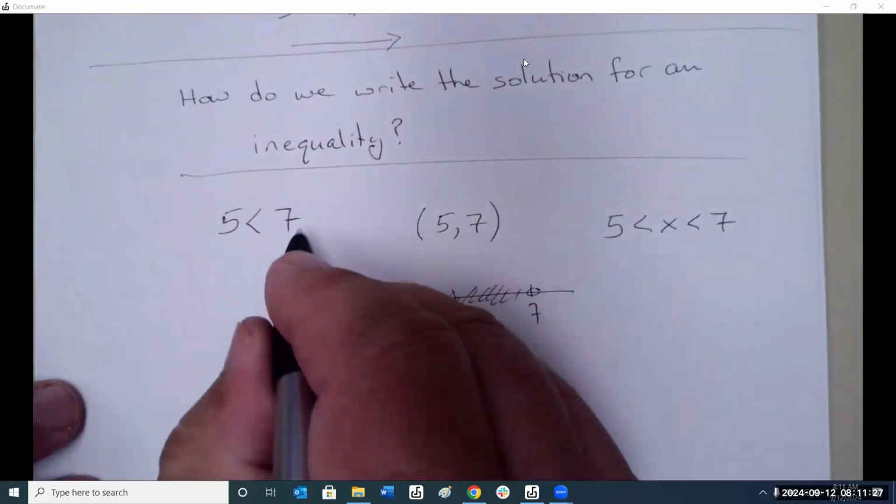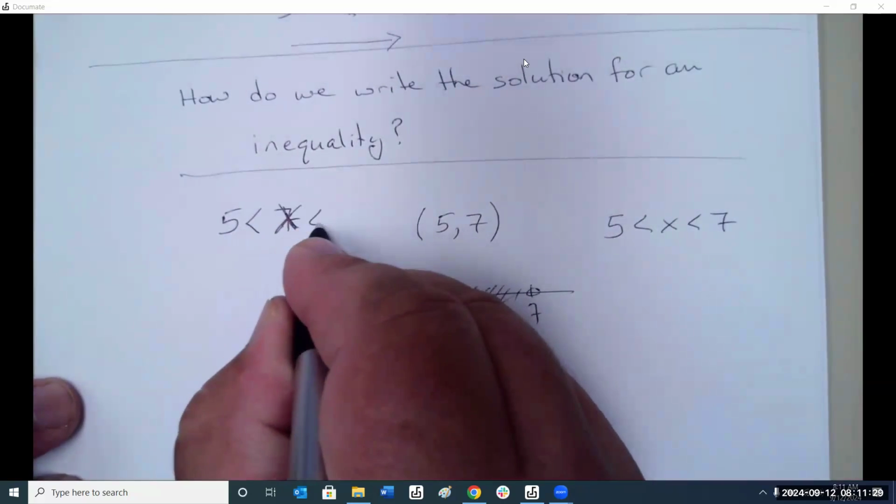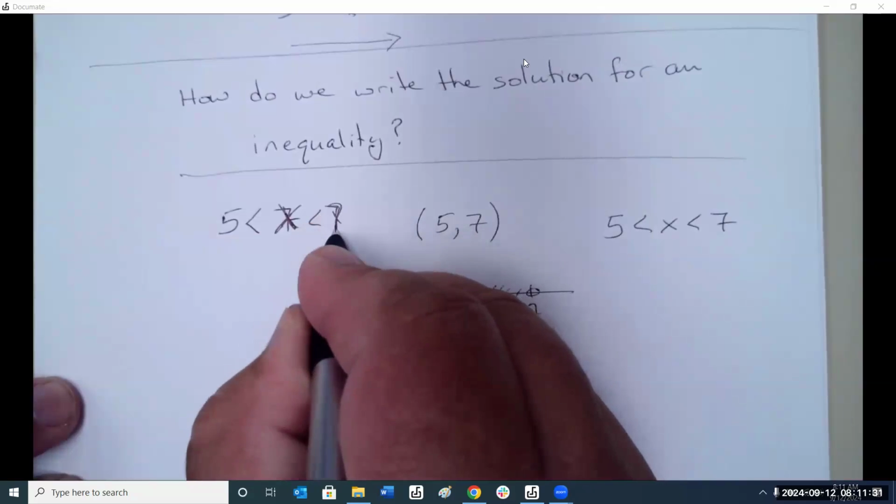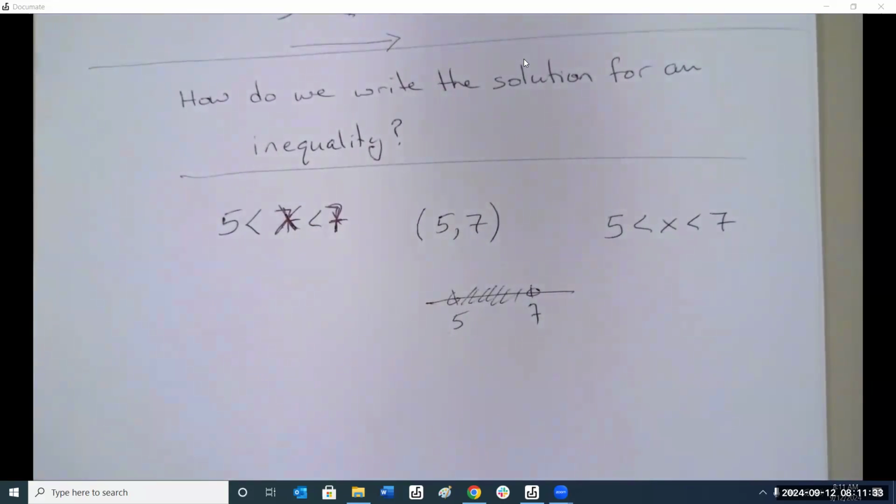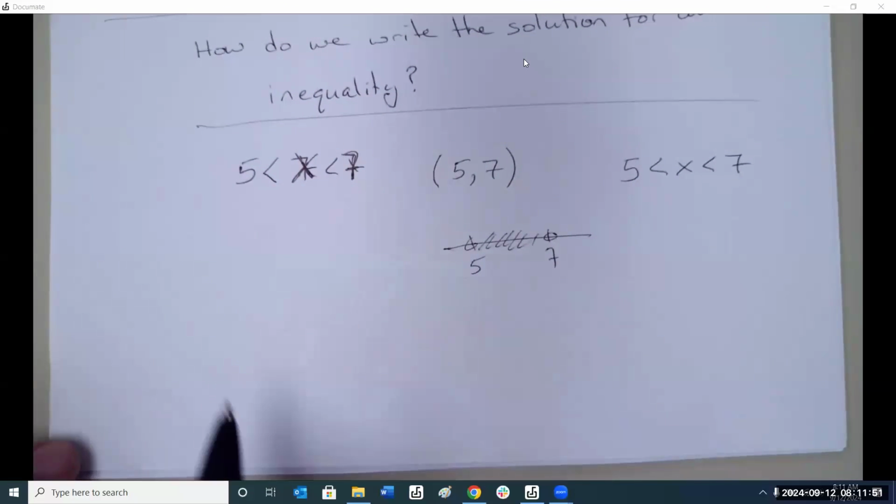Actually, what this really means is if we had this equation, 5 is less than x less than 7. Because what we're looking for are a series of numbers that satisfies our statement. A set of numbers.